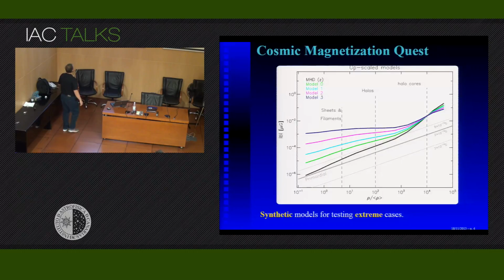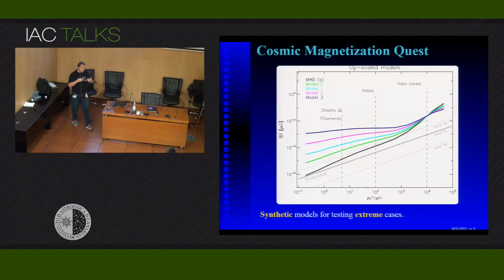So that is just some toy models. So you take a normal simulation and then you produce some scaled models here just to allow high magnetic fields in this low density region, if you want to test some observations, what is the probability to detect things.